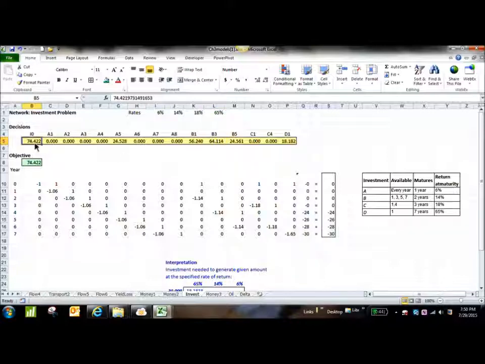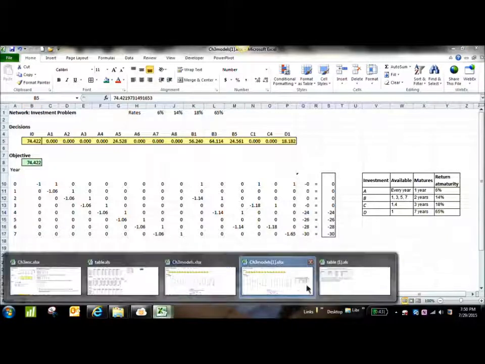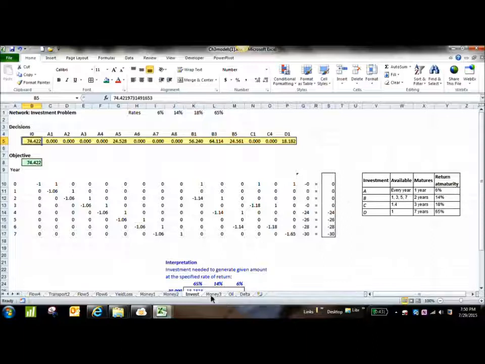No, what I meant is they invested $74,422, and that investment kind of was distributed in some sense right here, as you could see with the diagram.